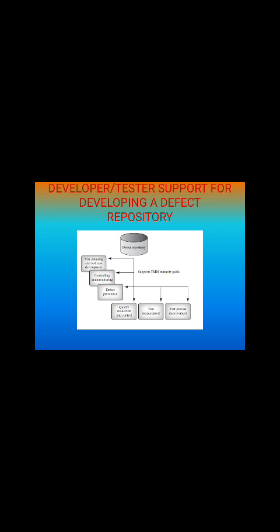Then the third question is developer or tester support for developing a defect repository. There are some kinds of models available for developing a defect repository. The first one is test planning and test case development. You have to plan the test and develop test cases.